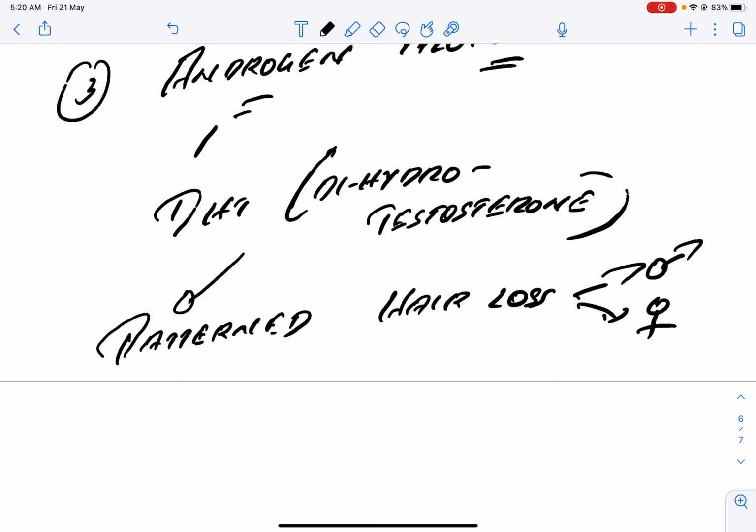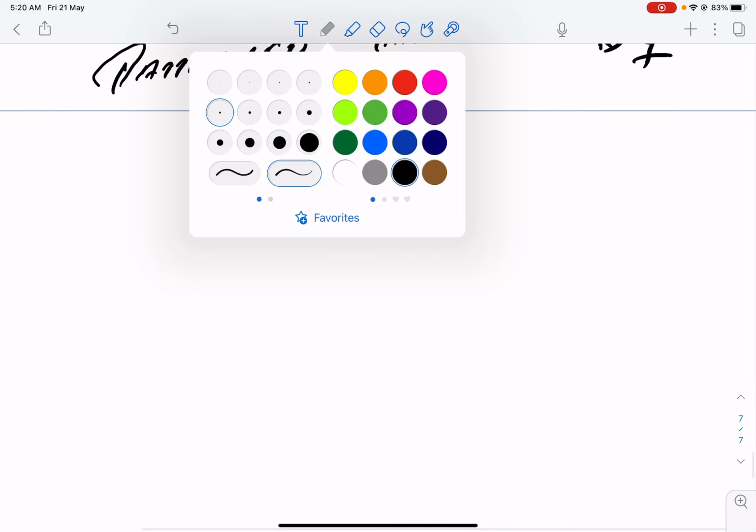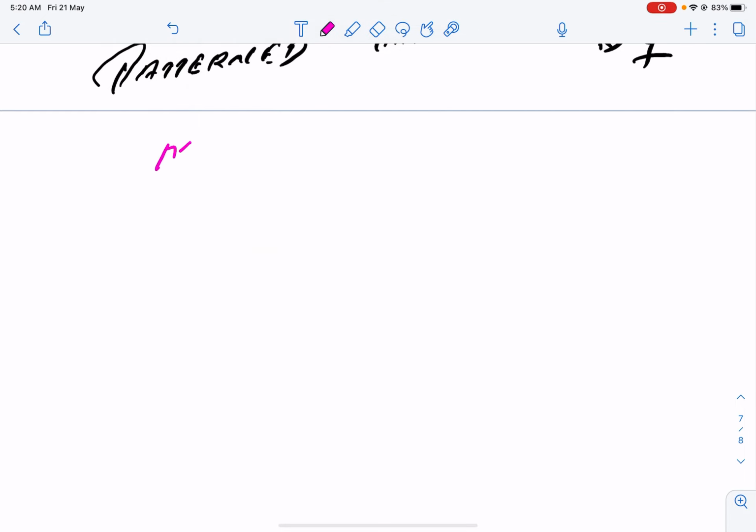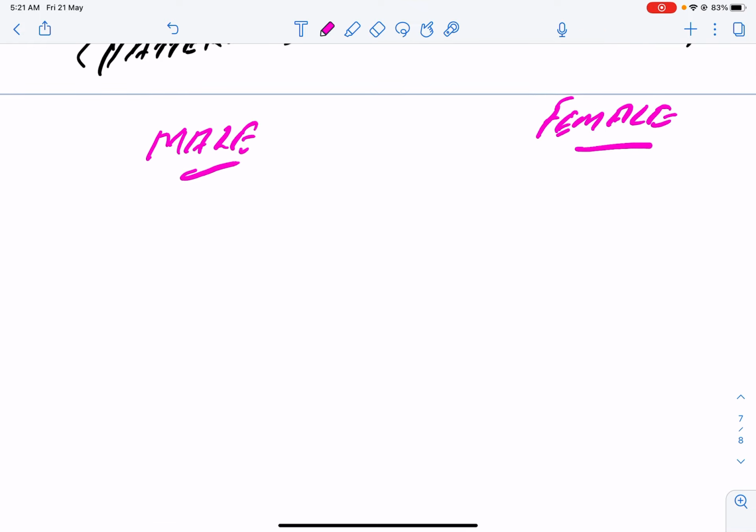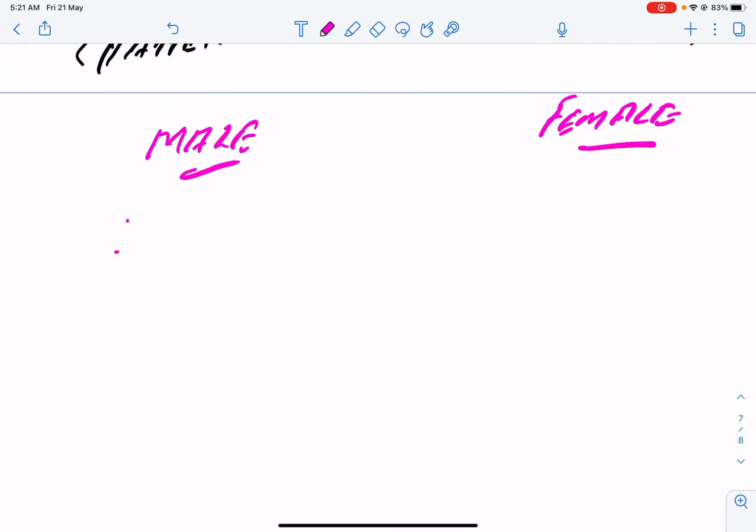And you can see that in males and females there is a different pattern of hair loss, clinically as well as theoretically, by which we can differentiate. Males normally have a type of hair loss called Hamilton type. What is the type of hair loss in males? Hamilton.